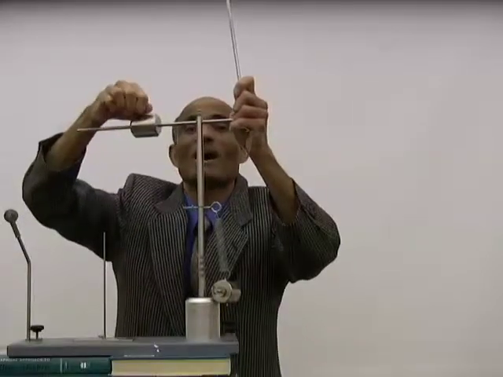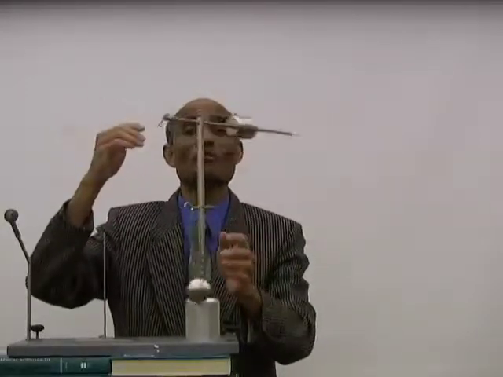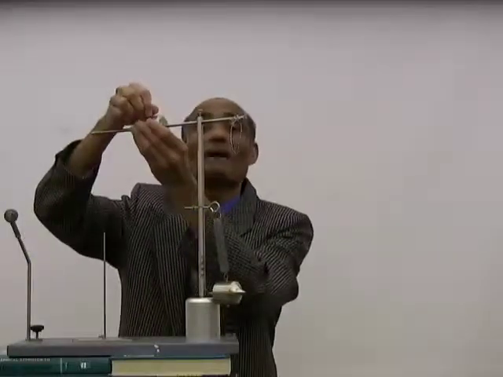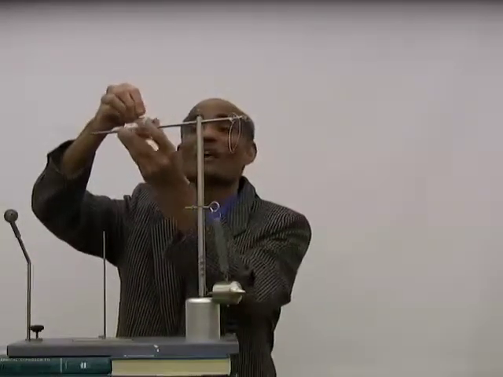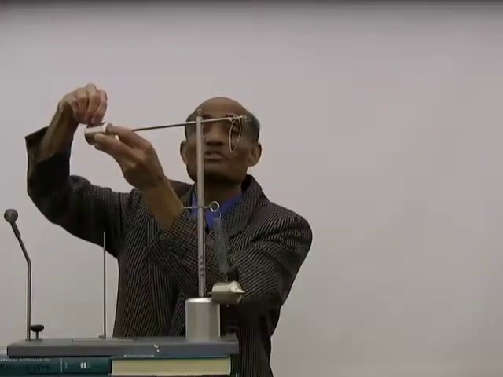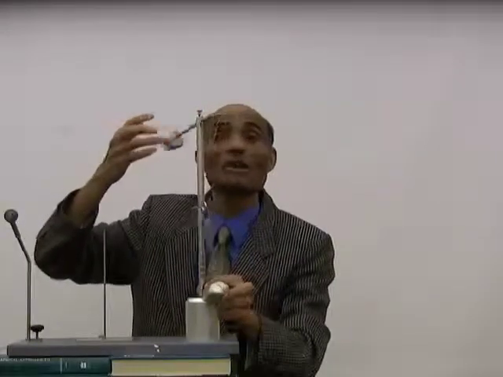Now, if I change the position of this mass over here, I am changing the moment of inertia. You see that? Now it is much easier for me to rotate. The moment of inertia is now less. mr squared is less. If I move it out, I'm increasing the distance r, and this moment of inertia is now greater.